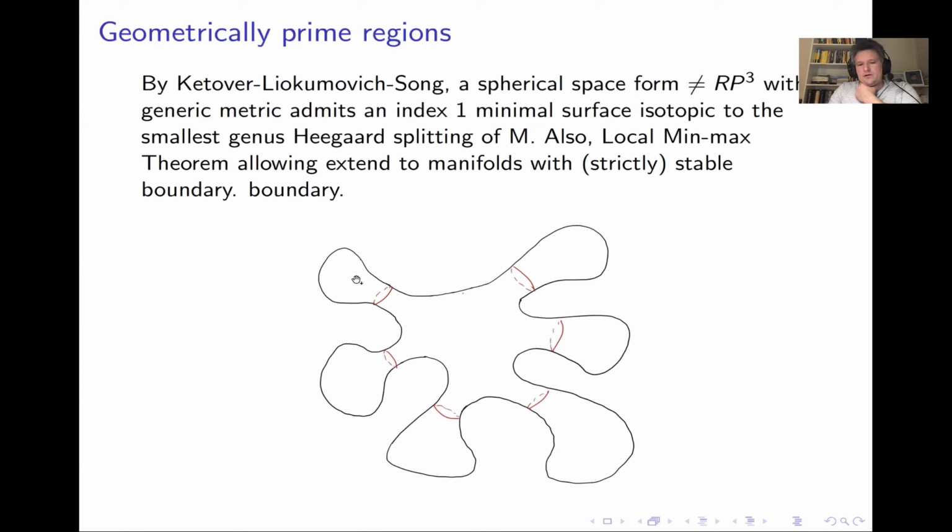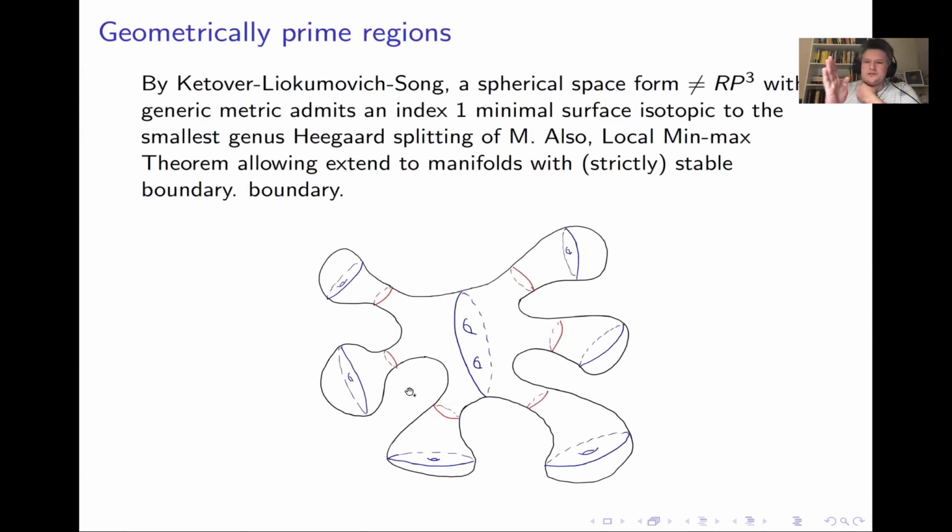Now we're going to have all these pieces that are manifolds with stable S2 boundary, and they have to be essentially spherical space forms. So in each of these, I'm going to take the Heegaard splitting, which has genus at most 2, and I'm going to isotope that to an index 1 minimal surface.